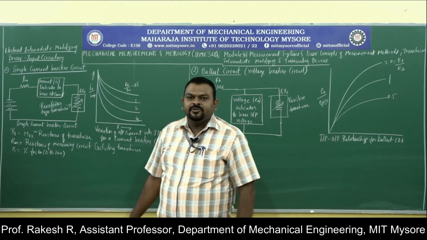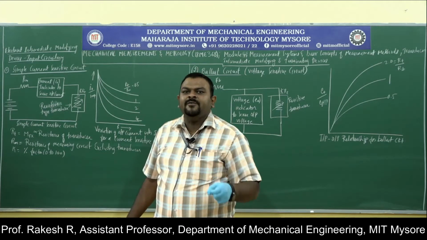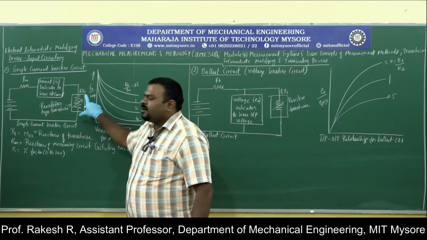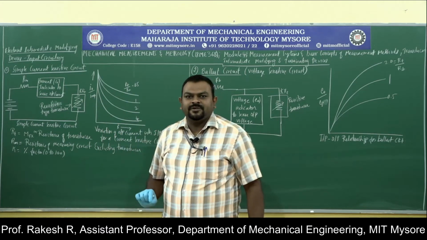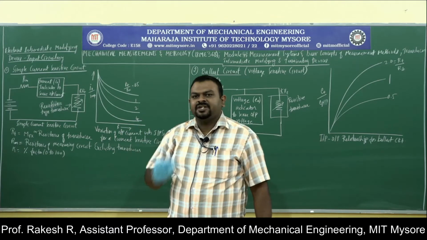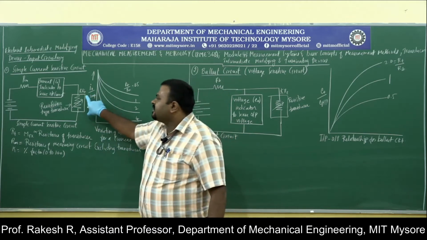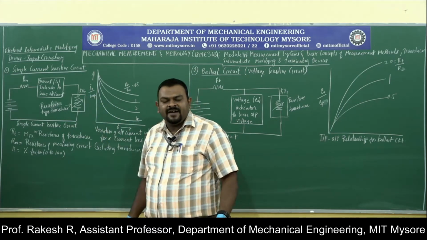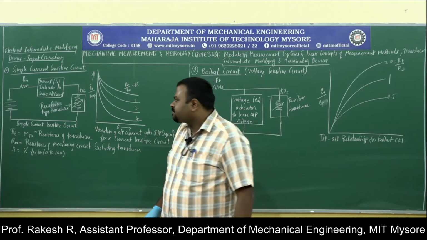So a measuring circuit will be changing frequently. Hence I need to have a device in order to measure those changes in the measuring circuit, that means change in variations. So since there is a change in variations, I have used a rheostat. The rheostat's resistance will be changing intermittently.